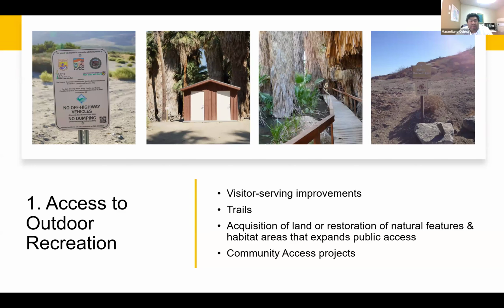Some of the examples shown above are signs for conserved areas, the replacement of the restrooms at the Thousand Palms Preserve, and projects like access to the trails, trail signage on the right side, and also walkways. So those are some of the examples that access to the outdoors can emphasize under this funding opportunity. Next slide.